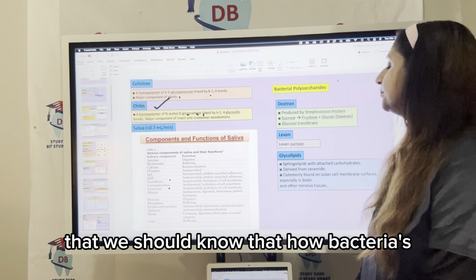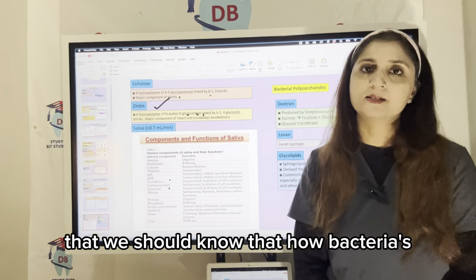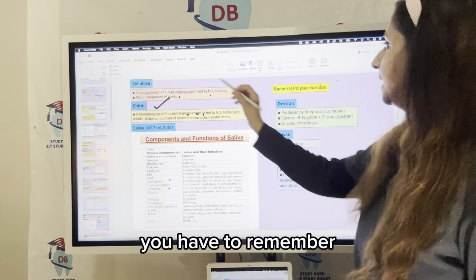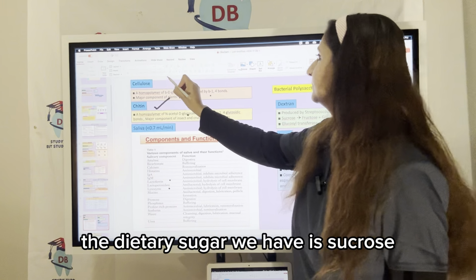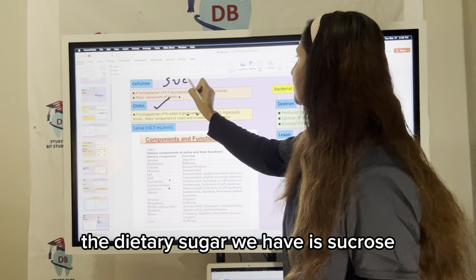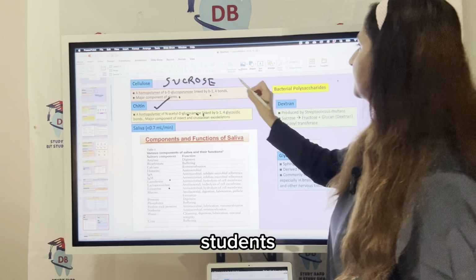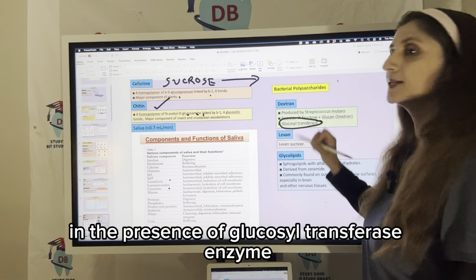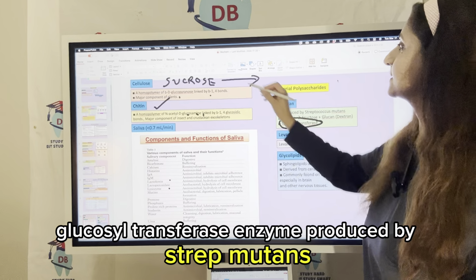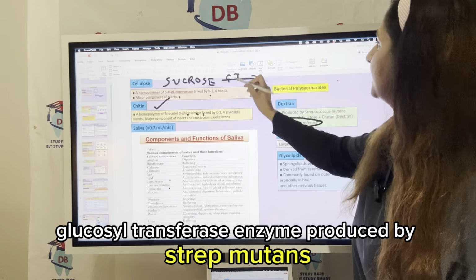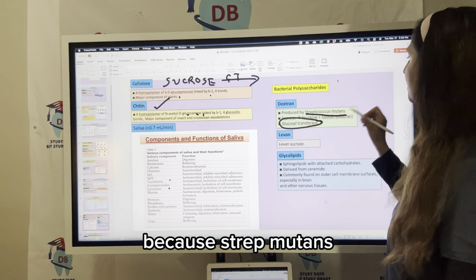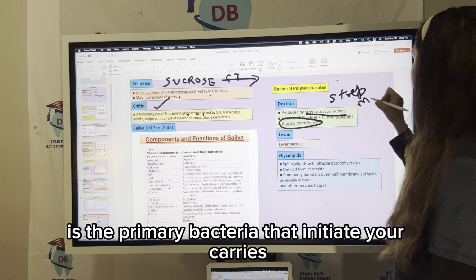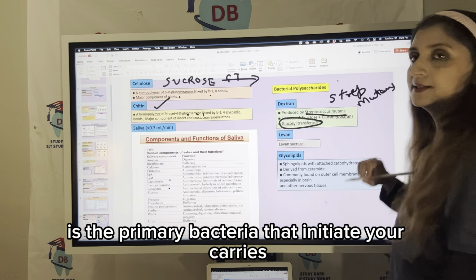Another action that we should know is how bacteria metabolize the dietary sugar that we take to produce caries. You have to remember the dietary sugar we have is sucrose, and the sucrose, students, in the presence of glucosyltransferase enzyme produced by Strep mutans, because Strep mutans is the primary bacteria that initiates your caries.